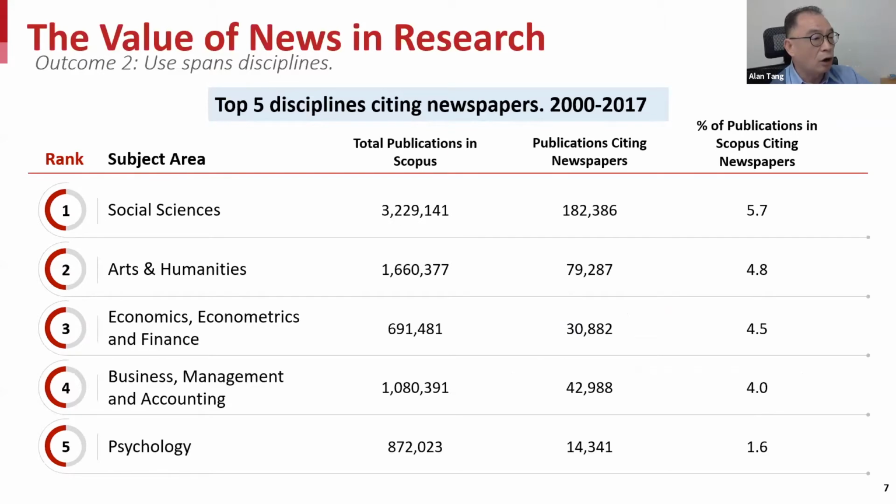The second column is the total published in Scopus, and the next column is publications that cited newspapers. That means how many publications were tracked in Scopus from 2000 to 2017, and how many cited newspapers. Okay.